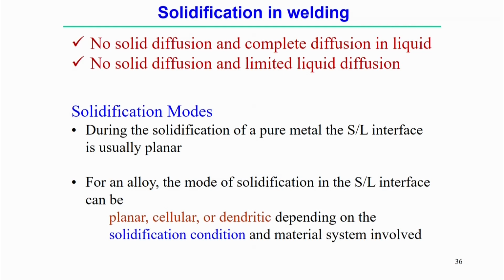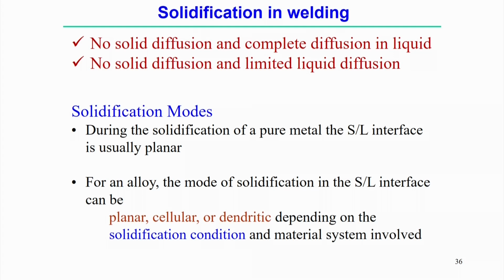Now, let us look at the different types of solidification modes. During the solidification of a pure metal, the solid-liquid interface is usually planar, so the front moves like a plane.